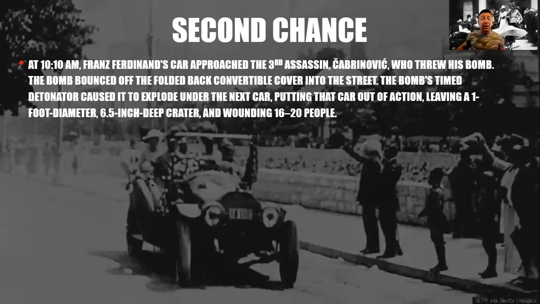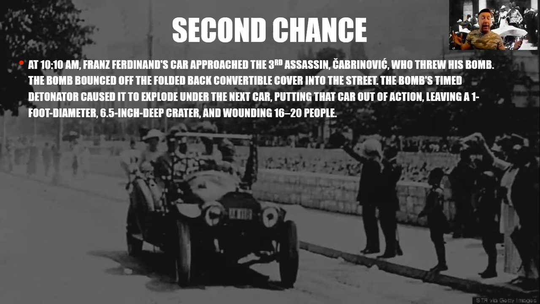The next one is Kabrinovich. He is the third assassin, and as Franz Ferdinand's car approaches, he throws his grenade. The grenade actually bounces off the back of the convertible itself. The Archduke sees this grenade coming and kind of shields his wife from it. The grenade bounces off the back of the car and goes underneath the car behind it, exploding.